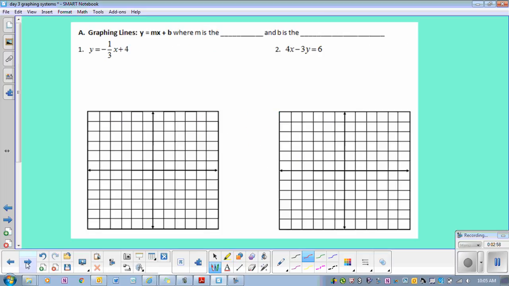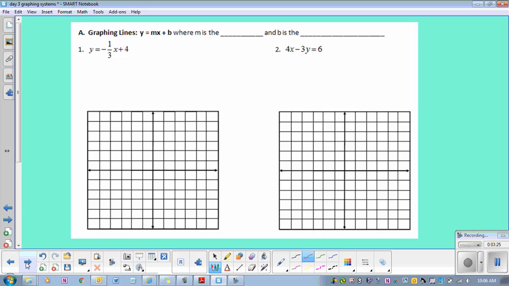Today is going to be so much fun because it's basically just a review day. And then after our little review day, we're going to learn something new. What we're doing today is graphing systems of equations.